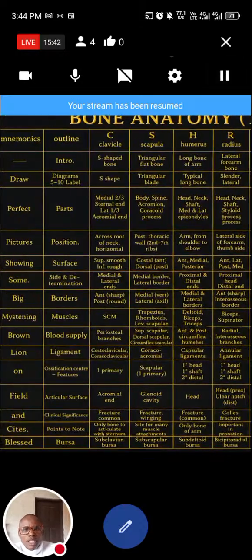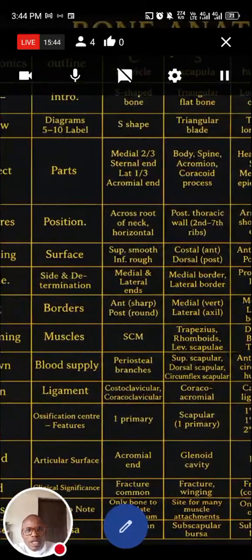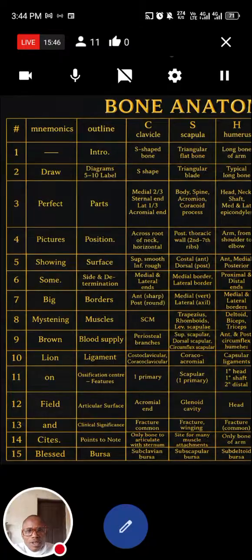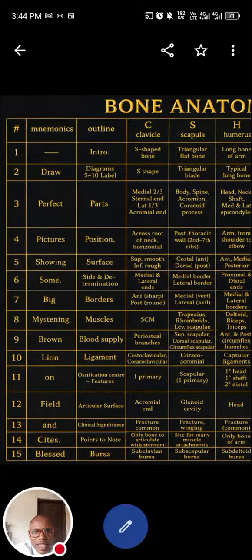Okay, so this is a brief summary that I put together for the clavicle. You can see the clavicle is an S-shaped bone, that's the introduction. For the diagram, you put 10 to 11 labels, and then parts: you have the medial two-thirds and the lateral one-third. The lateral one-third is very short, and its position is across the root of the neck, horizontal.